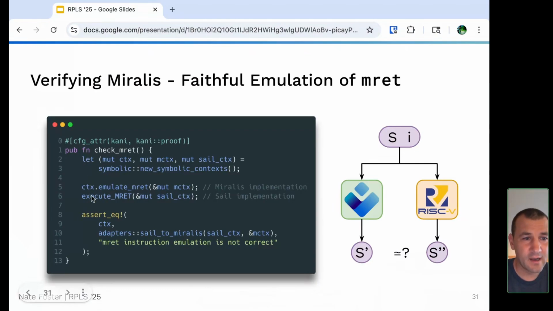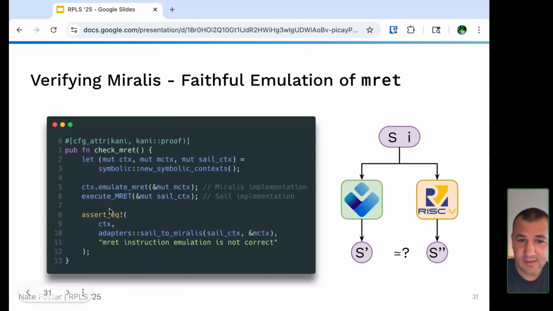And then on the next two lines, we have the two executions that we want to relate. So we have the Morales execution. We just call out to Morales, and we pass the appropriate state and context. And then down here, we have the corresponding Sail code, where we just emulate that code.